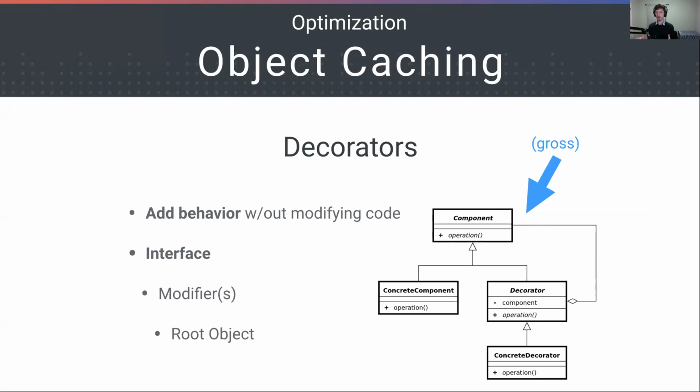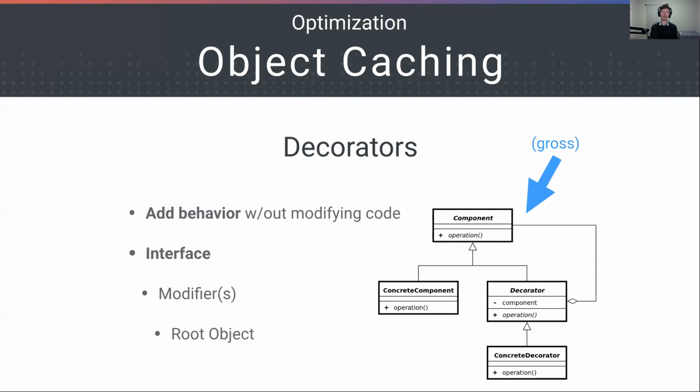I'll show you a more real example of this rather than looking at a UML diagram, because who cares about that? But decorators let you add behavior to some base concrete component without necessarily modifying the code of the concrete component. So you're just wrapping your base object, your concrete component, with modifiers.